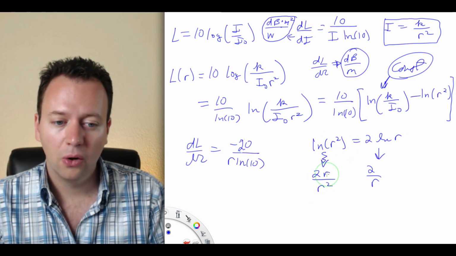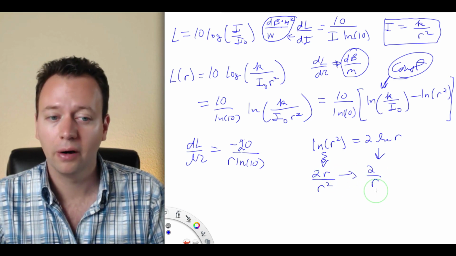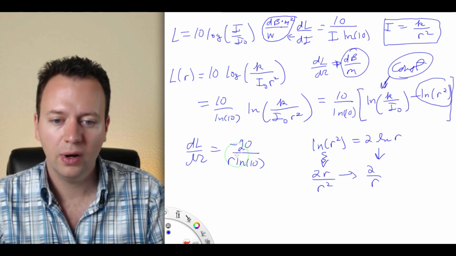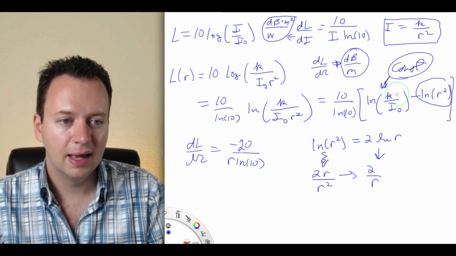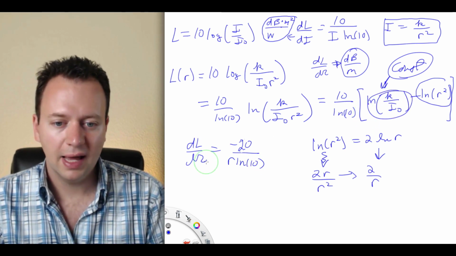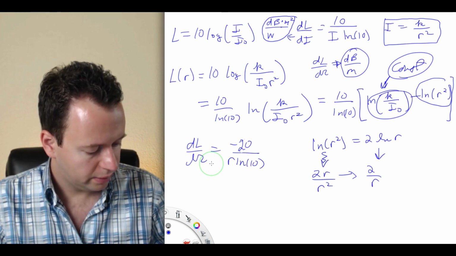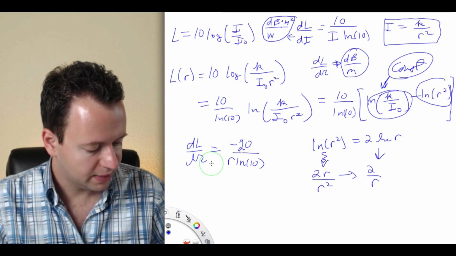Well, here, one factor of R cancels out, and it's equivalent to just 2 over R. So either way, the derivative of this is 2 over R, so I get 20 over R. We get the minus sign here over ln of 10. And then this term is all a constant, so its derivative is 0. So dL/dR is minus 20 over R ln of 10.